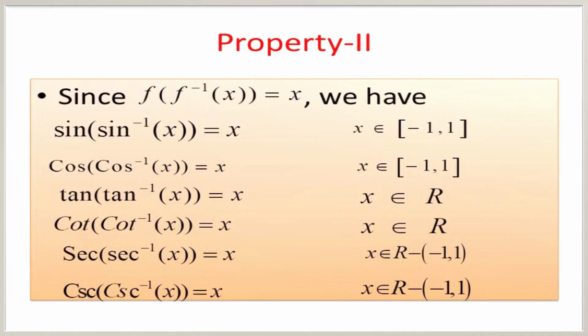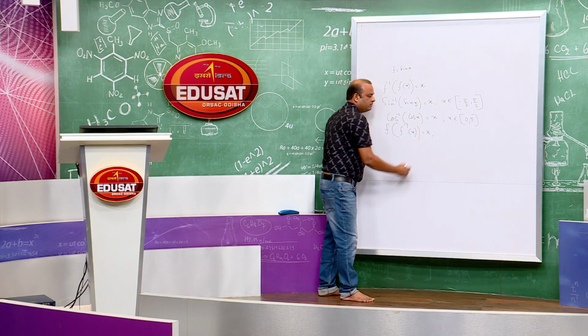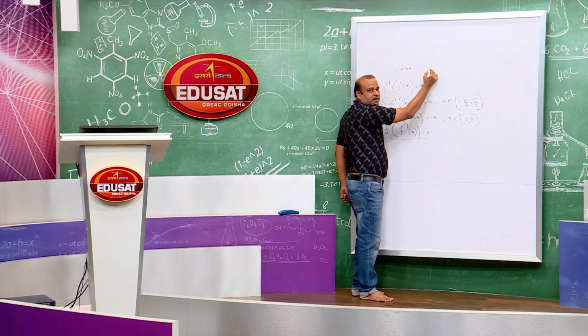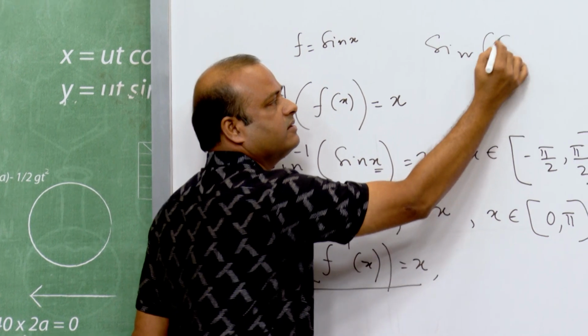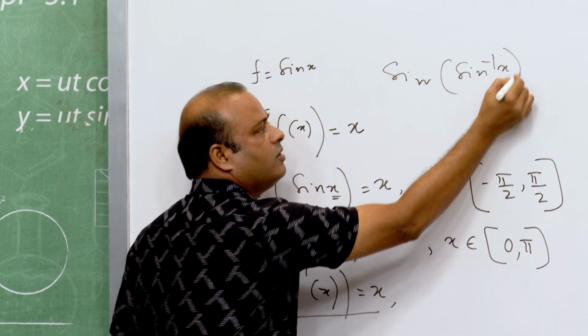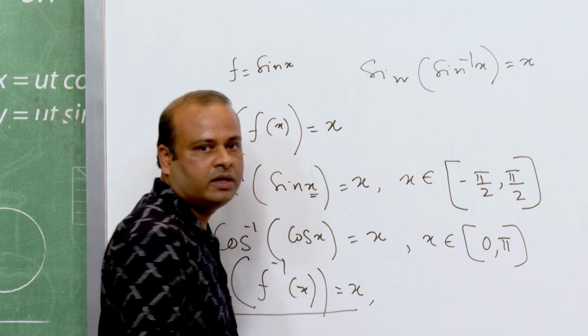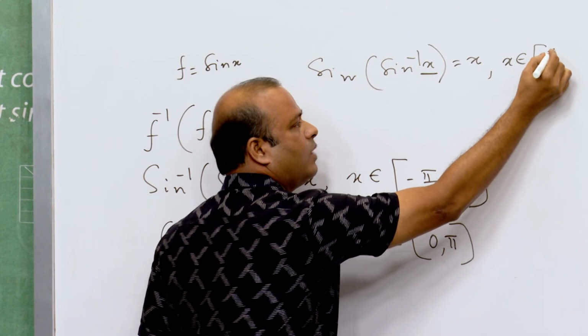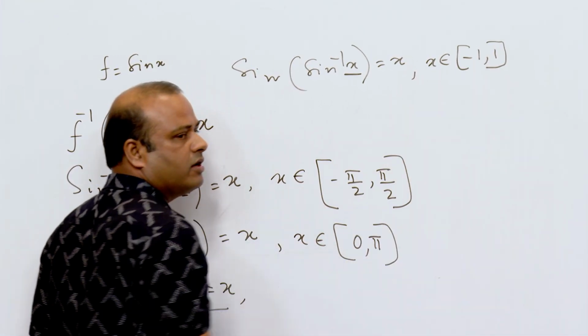Similarly, property 2: f inverse f x is x, but here f f inverse x is equal to x. So, for this reason sin of sin inverse x is also equal to x, but here x belongs to minus 1 to plus 1 closed interval.